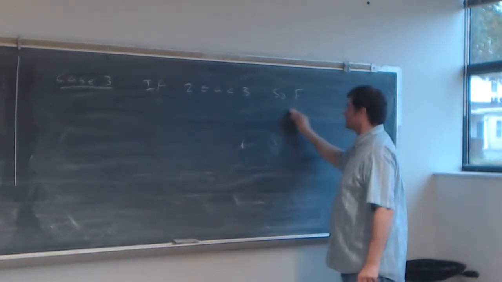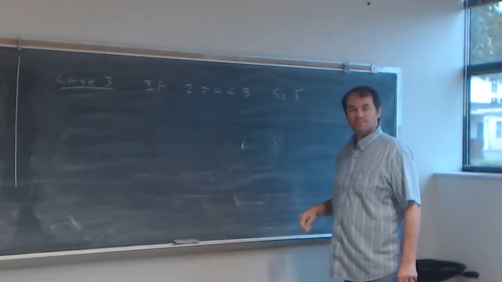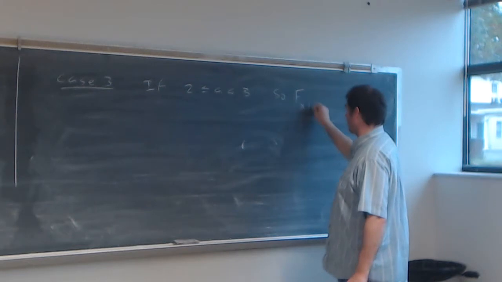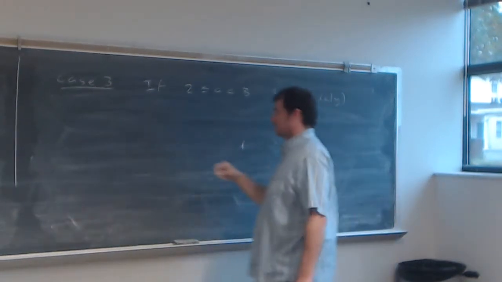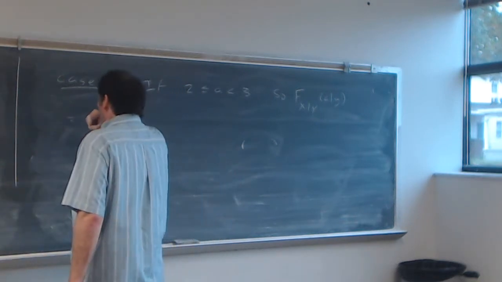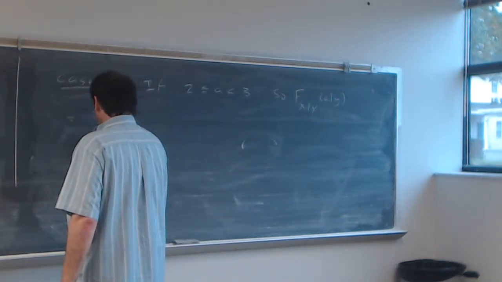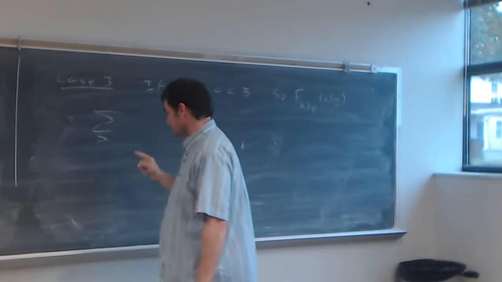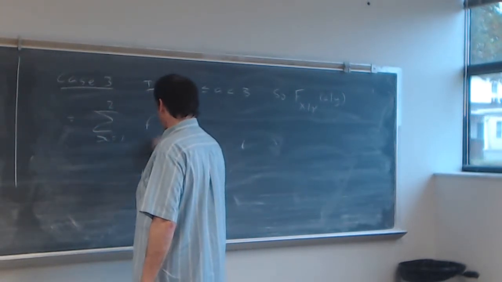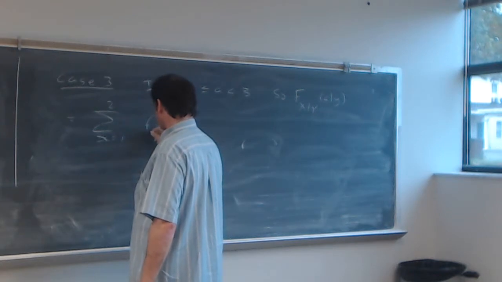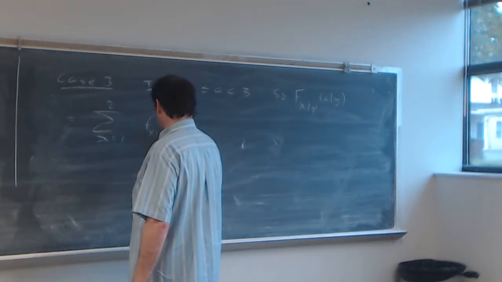So the conditional CDF of X given Y of a given y is equal to the sum over the x values that are less than a, so from 1 to 2, of the conditional probability mass function of X given Y.